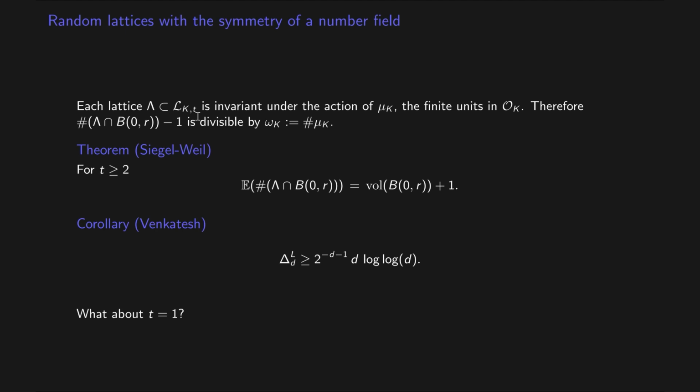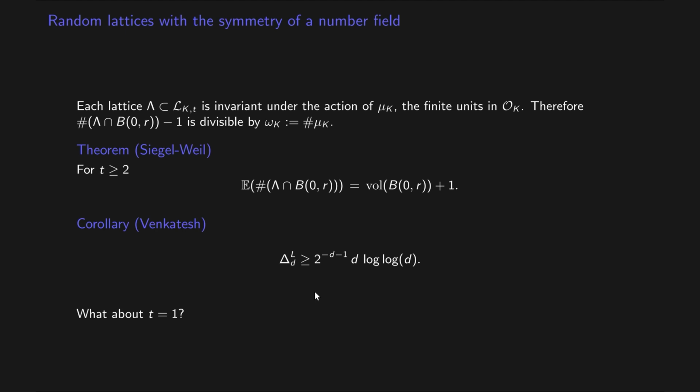And in particular, one consequence of the Siegel-Weil theorem that we have used is that the expected number of points of such a lattice inside of a fixed ball centered at 0 will be equal to the volume of this ball plus 1. So here plus 1 stands for the 0, because 0 is an element of every lattice and always an element of the ball.